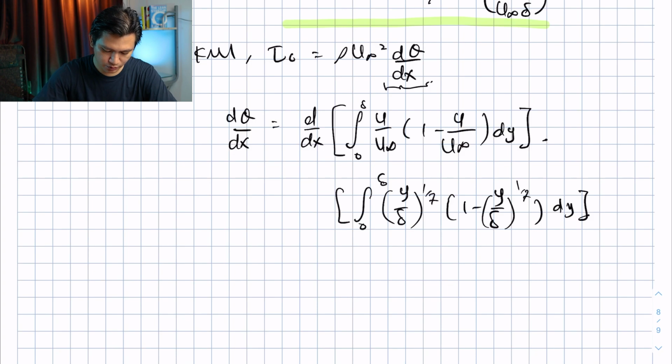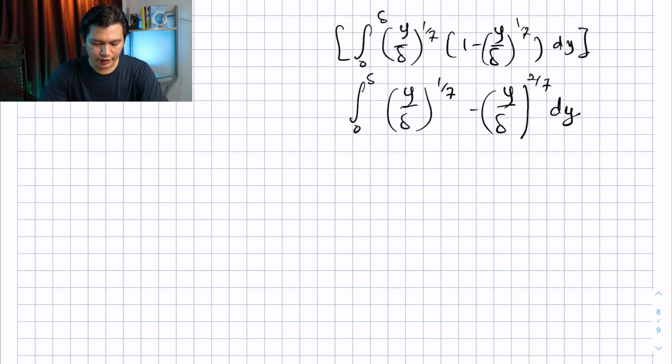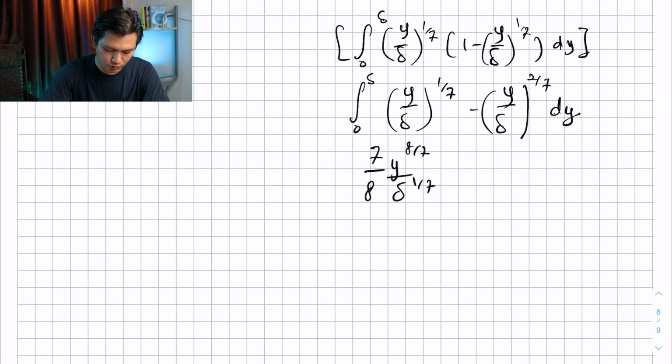So this is the integral from 0 to del of y over del to the power of 1 over 7 minus y over del to the power of 2 over 7, and we integrate this against dy. When we integrate this, you end up with y to the 8 over 7 over 8 over 7, times del to the 1 over 7, minus y to the 9 over 7 over 9 over 7, times del to the 2 over 7.